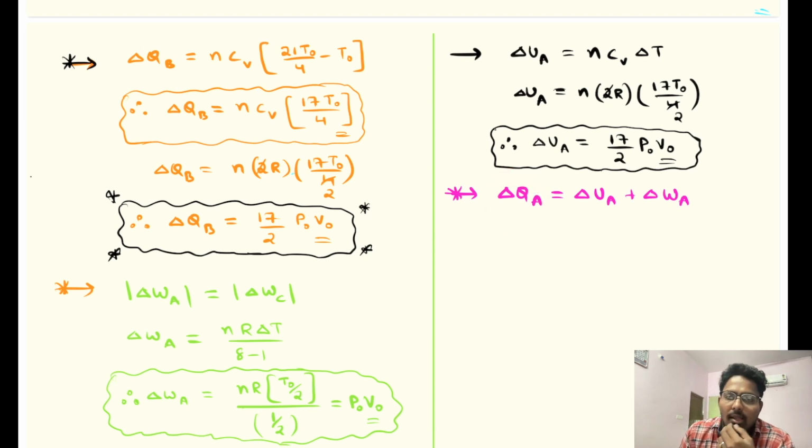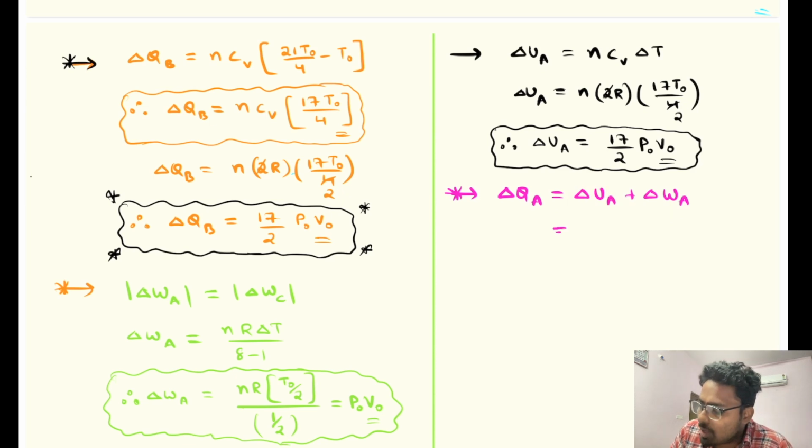What will be the x for this polytropic process? But you need to understand that we are able to find this delta Q not directly, not by knowing the process, but indirectly by calculating delta W from some other constraint, while delta U is found irrespective of the process, and I am adding these two.